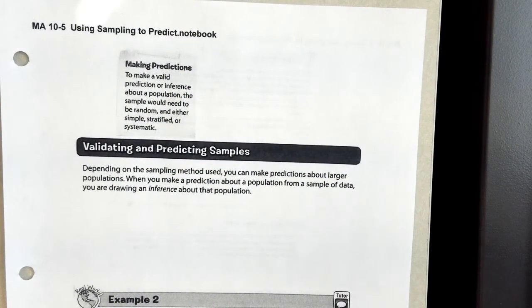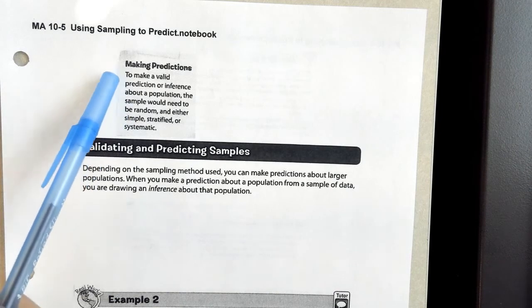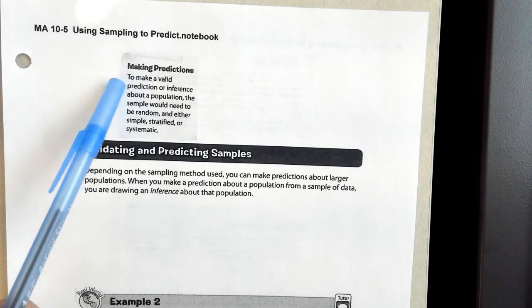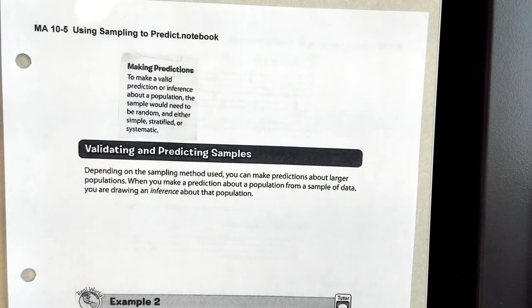Once you find your sample, you can use a prediction to decide what you think that sample will say about the entire population. Okay? The key part here is this. It says to make a prediction, a valid prediction, or inference about a population, the sample would need to be random and either simple, stratified, or systematic, meaning it has to be unbiased.